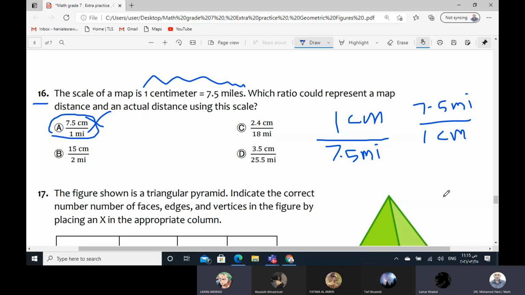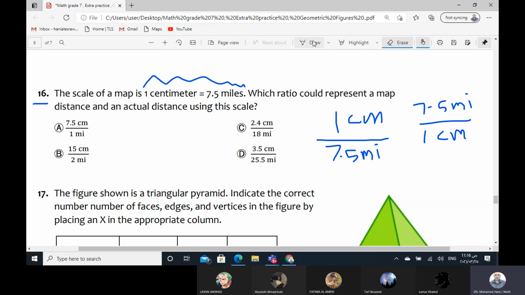So can you wait? Mr. A. Yes, you can. Mr. Maybe D. Mister, I'm not sure, but it will be C. Why C?